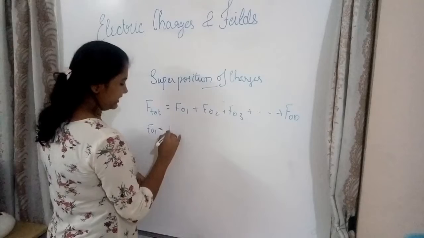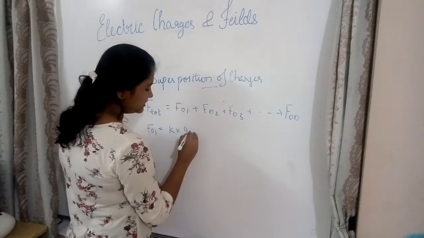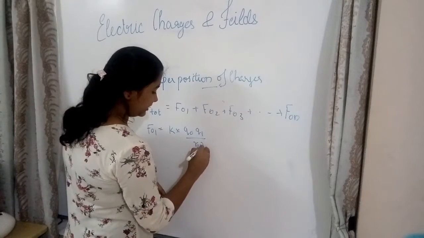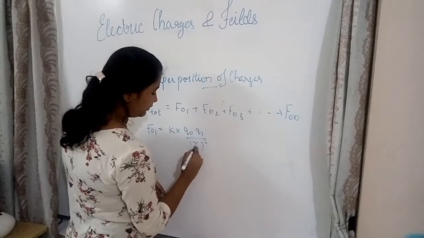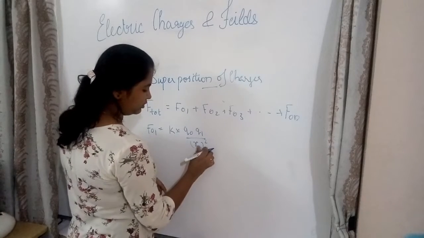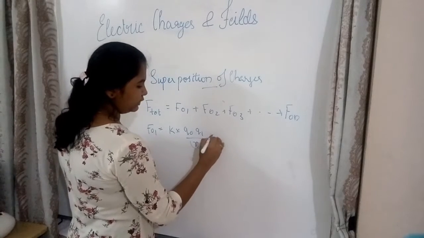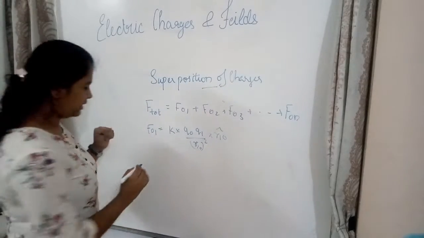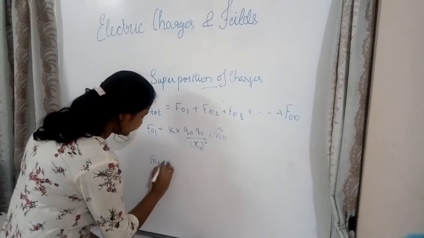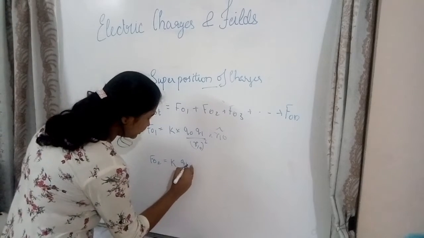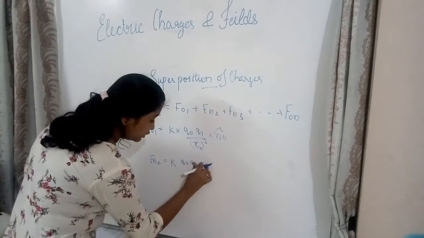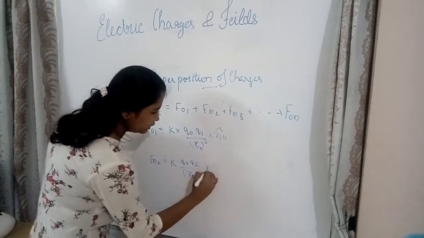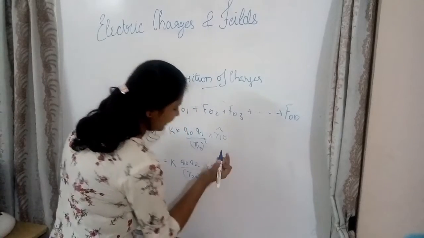F01 is equal to K into Q0 Q1 divided by R10 square into R10 cap. This is the value of F01. We will write for F02 also. F02 is equal to K Q0 Q2 divided by R20 square into R20 cap.